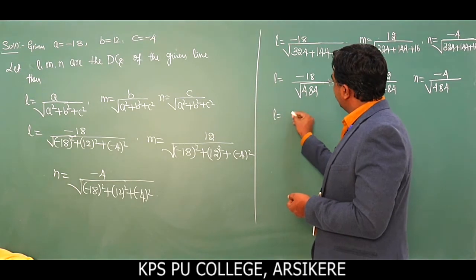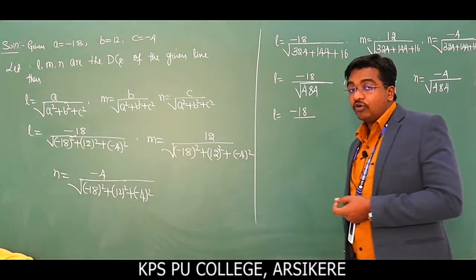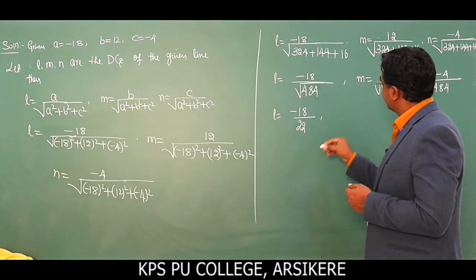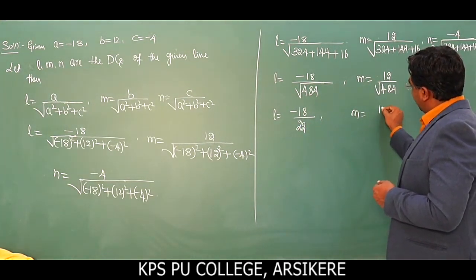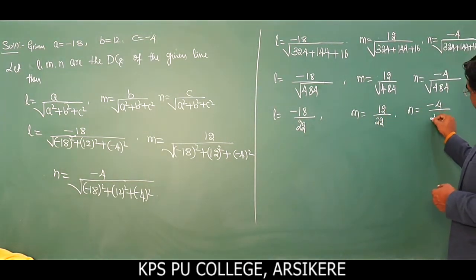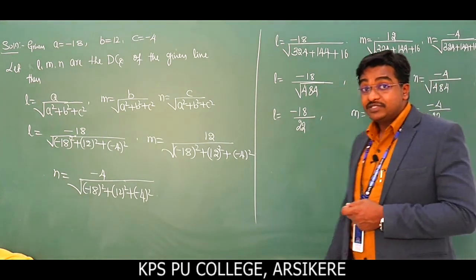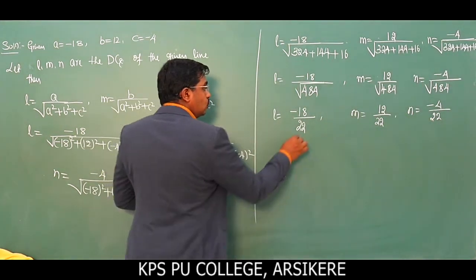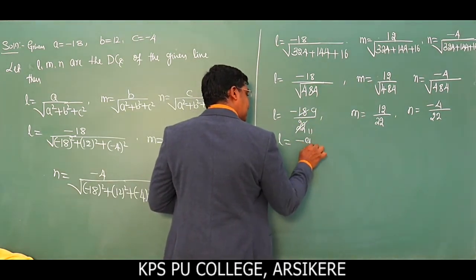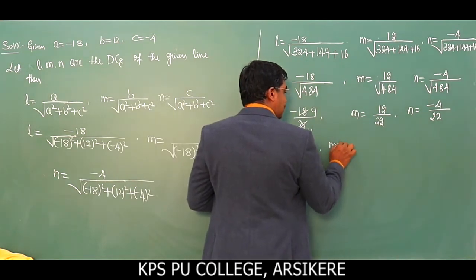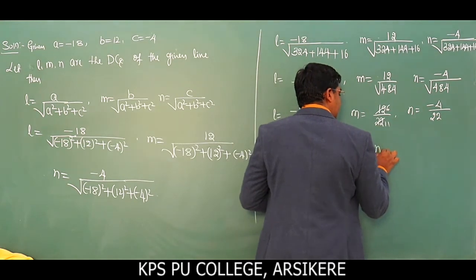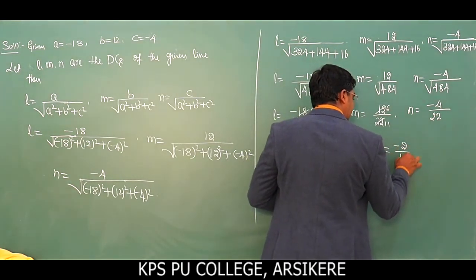Therefore, L is equal to minus 18 divided by the square root of 484, which becomes 22. M is equal to 12 divided by 22 and N is equal to minus 4 divided by 22. Next step is simplification. The 2 11s are 22, and the 2 9s are 18, so they get cancelled. L is equal to minus 9 divided by 11, M is equal to 6 divided by 11, and N is equal to minus 2 divided by 11.